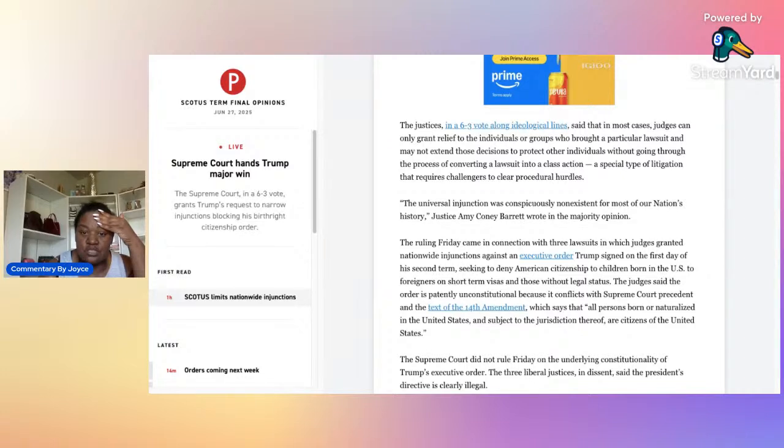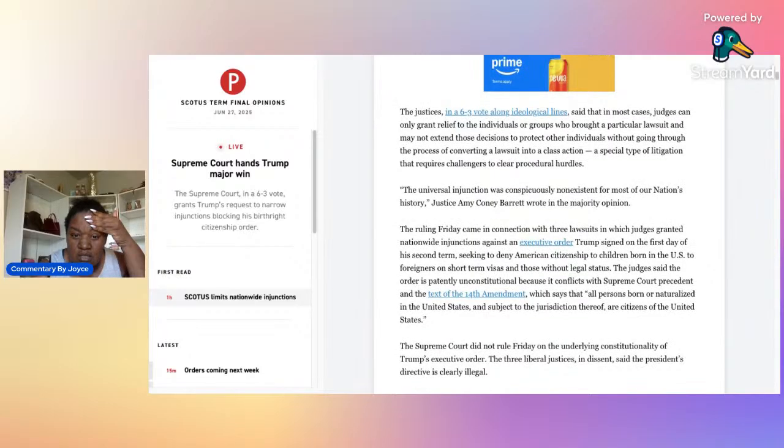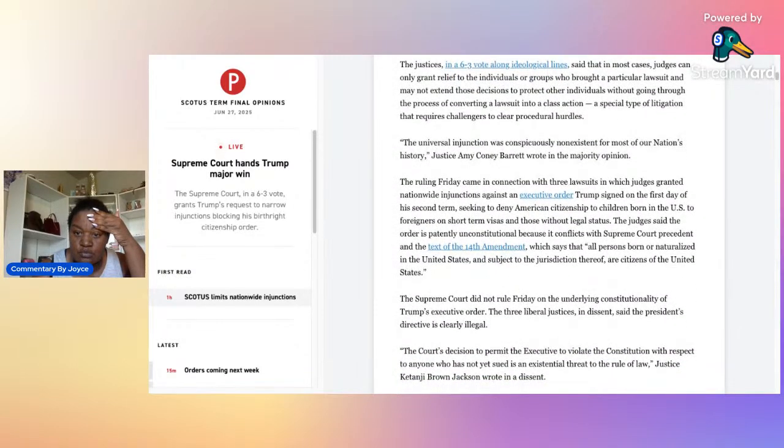Quote, "The universal injunction was conspicuously non-existent for most of our nation's history," Justice Amy Coney Barrett wrote in the majority opinion. So the ruling came Friday in connection with 3 lawsuits in which judges granted nationwide injunctions against an executive order Trump signed on the first day of his second term, seeking to deny American citizenship to children born in the U.S. to foreigners on short-term visas and those without legal status.